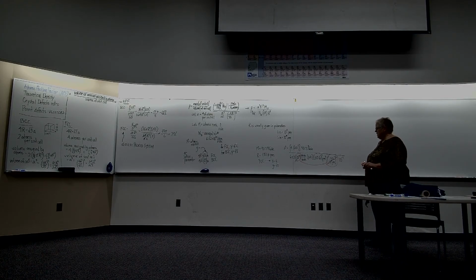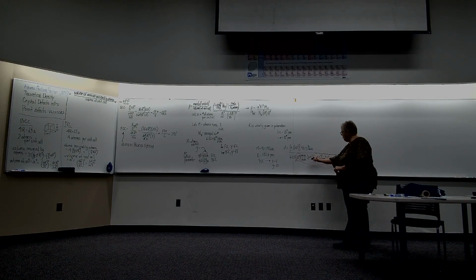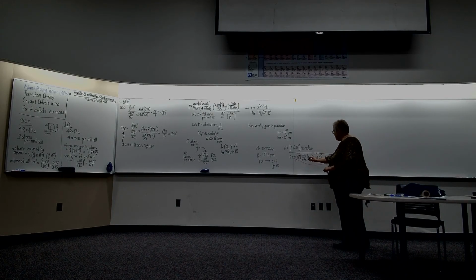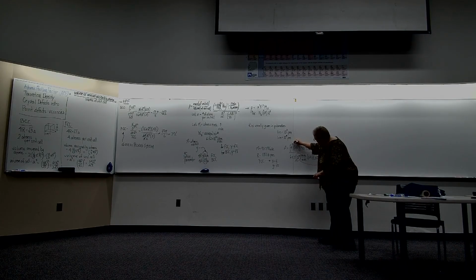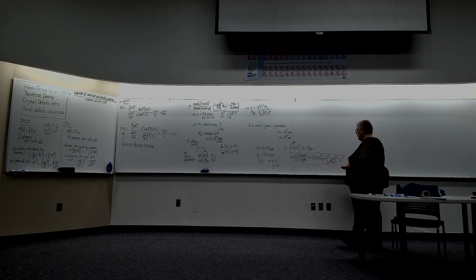I think I've done everything I need to do. Now I've got grams, moles have canceled. This number here actually is atoms, the atoms have canceled, and I've got grams per cubic centimeter.